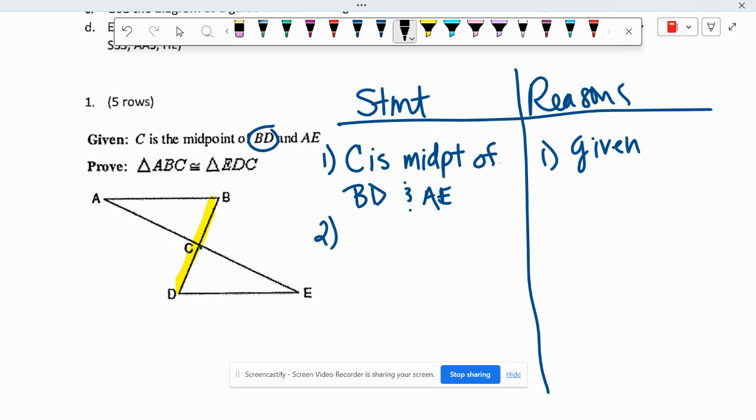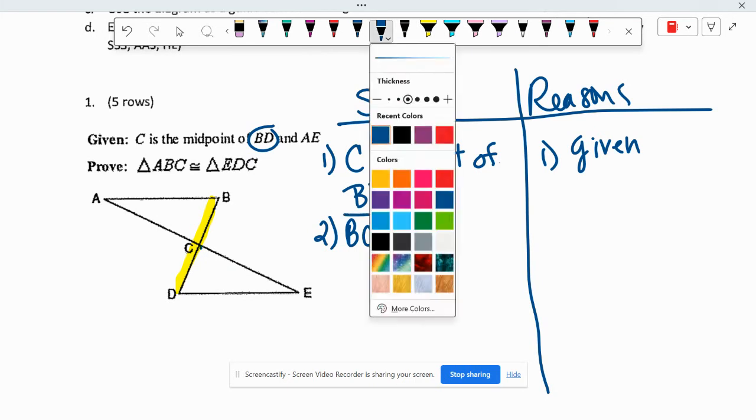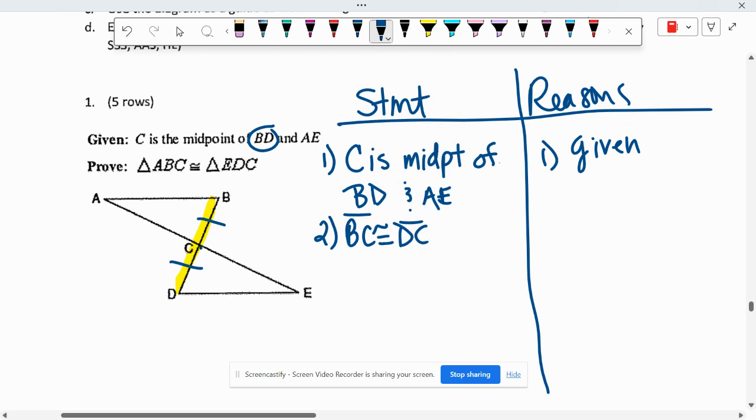What are the two congruent pieces that point C just created? BC and DC are congruent to each other, right? Because if C is the middle, then this piece is congruent to that piece. That's just the definition of a midpoint.